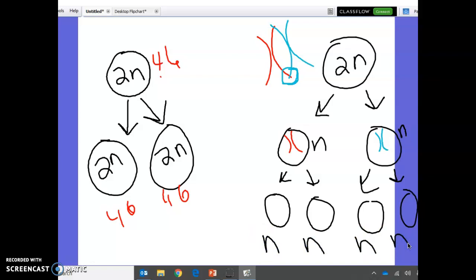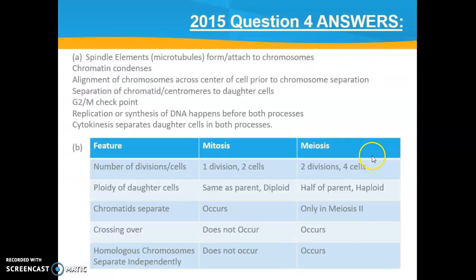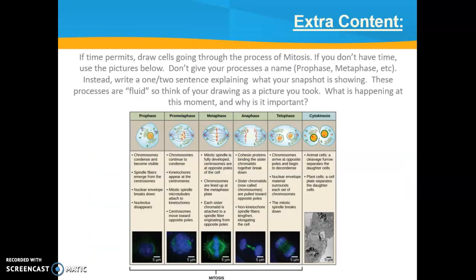So if this was humans, again, we would start with 46 chromosomes in our original cell, and then each daughter cell would end up with 23. So looking back at the rubric, we can see what they were trying to get you to think about. So what was different about mitosis versus meiosis for part B?